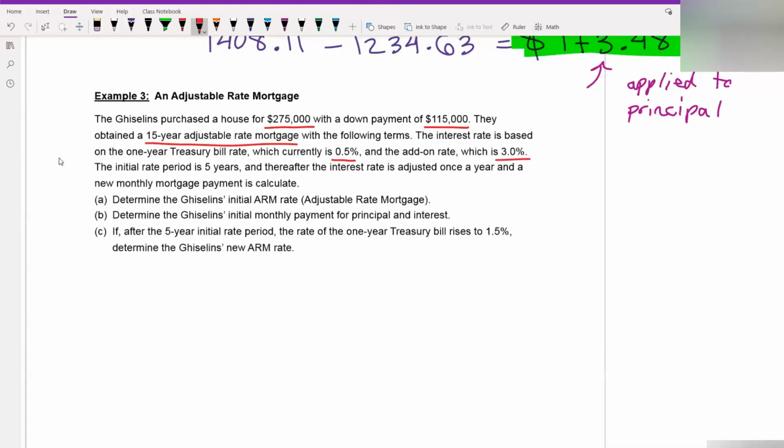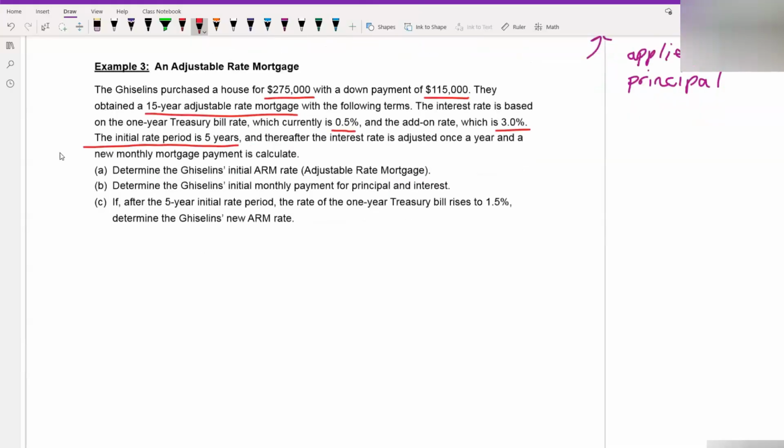The initial rate period is 5 years, and thereafter the interest rate is adjusted once a year. Determine the adjustable rate mortgage.